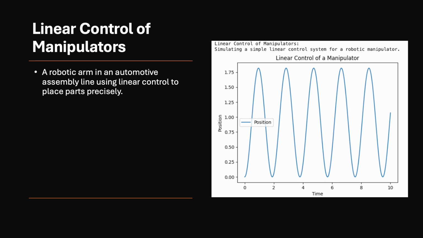By utilizing linear control theories such as proportional integral derivative, or PID, control engineers can effectively manage the dynamics of robotic systems. These methods rely on linear approximation of the system's behavior around operating points, permitting the design of controllers that can handle small deviations and ensure accurate performance.